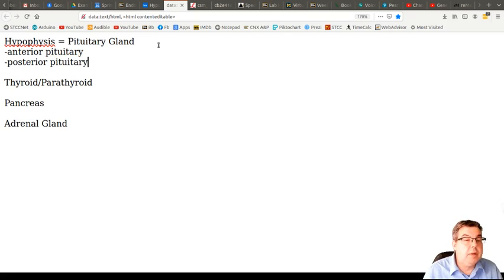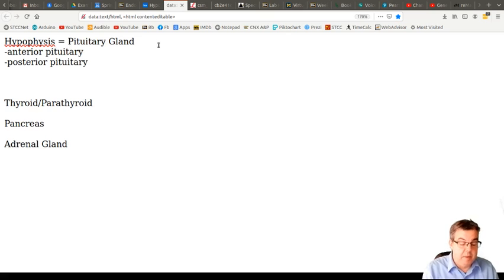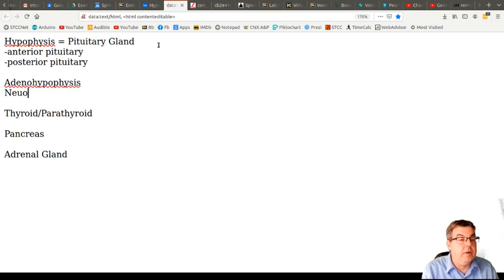But when we talk about the hypophysis, refer to it as the adenohypophysis and the neurohypophysis. So one of those means anterior pituitary and the other one means posterior pituitary.